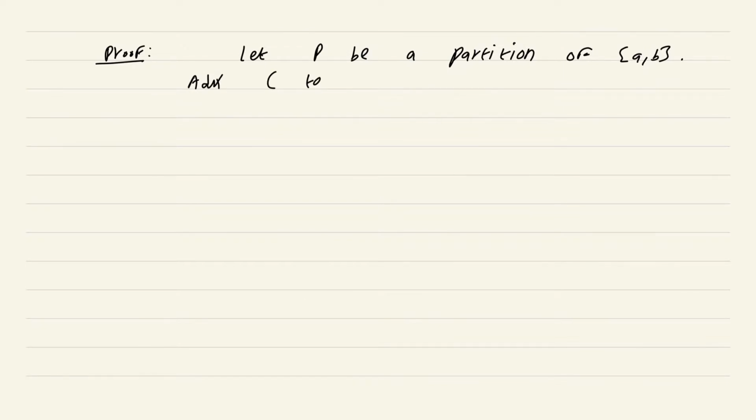Proof. Again, the proof is not at all hard. What you do is you fix a partition. Let P be a partition of [A, B]. Now add C to this partition if necessary.